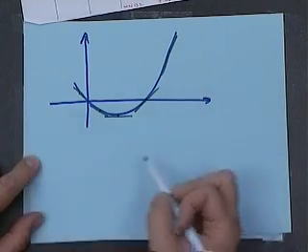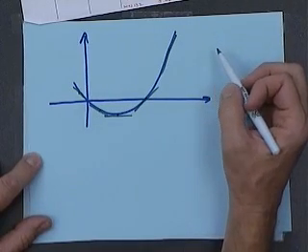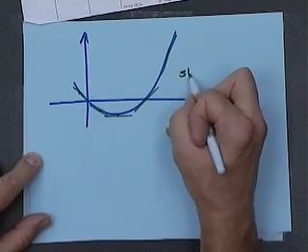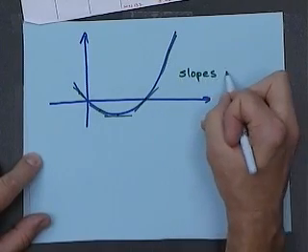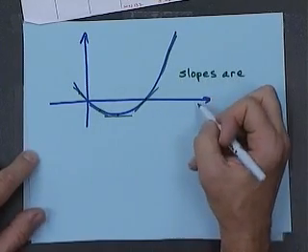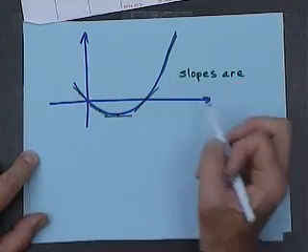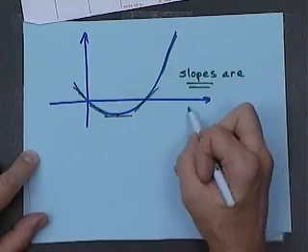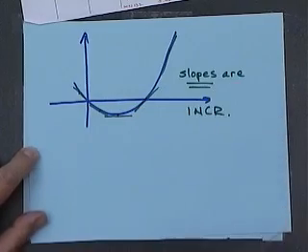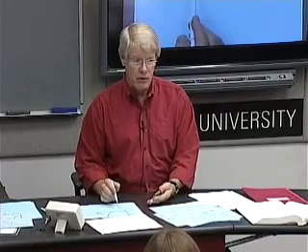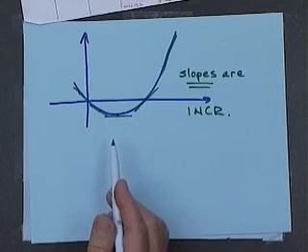What's happening from left to right to the slopes? They are increasing. The slopes, not the function itself, because the function was decreasing, then flat, then increasing, but the slopes are increasing. And if the slopes are increasing, it has to have this shape. It's the only shape it could possibly have where the slopes are increasing.